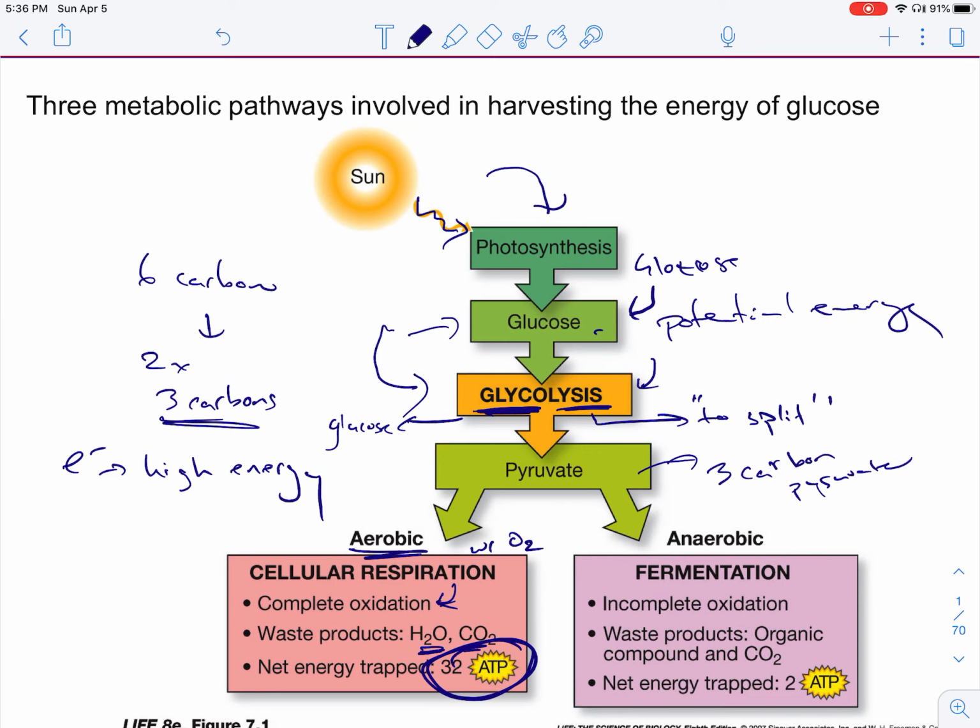In the absence of oxygen, so anaerobic means no oxygen, you don't completely oxidize this pyruvate. You generate one molecule of carbon dioxide, and then you have an organic molecule, which can either be lactate or ethanol, and two ATP are captured in that process.